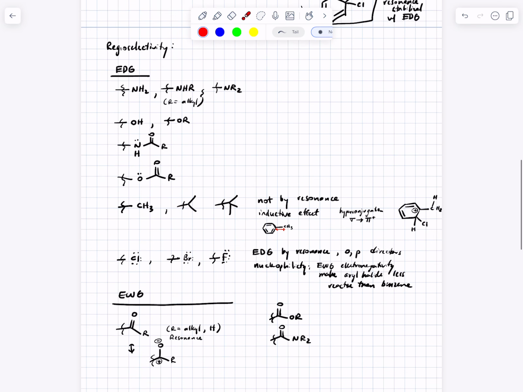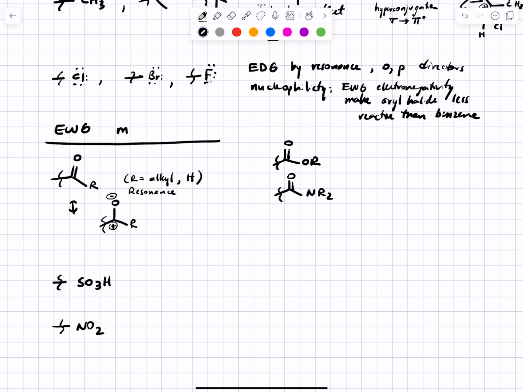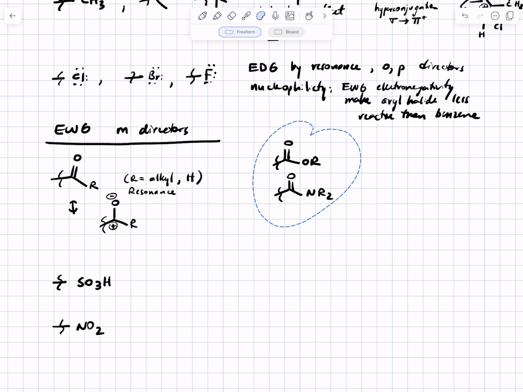In terms of regioselectivity, these donating groups are ortho and para directors for the reasons we've talked about. The electron withdrawing groups are meta directors for the reasons that we've talked about. Yeah? Can you just say again why the ketone would be a better withdrawing group than the ester?